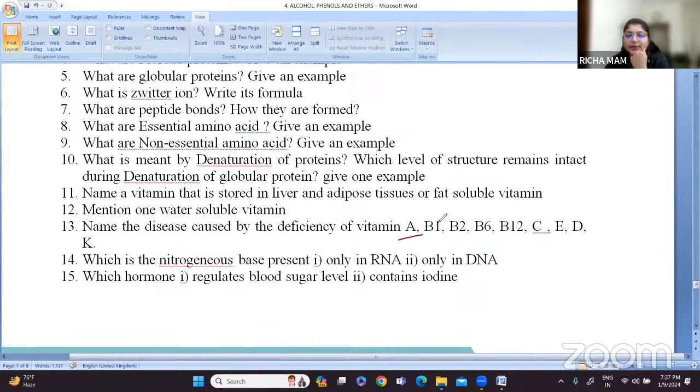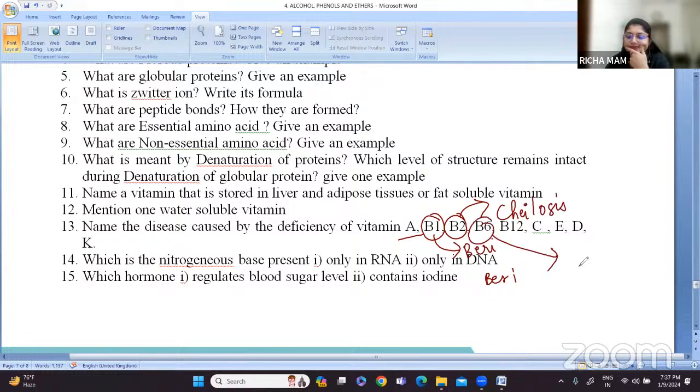Fine. Then vitamin B1. What does vitamin B1 cause? It causes beriberi. Fine. Vitamin B2 causes cheilosis. Fine.